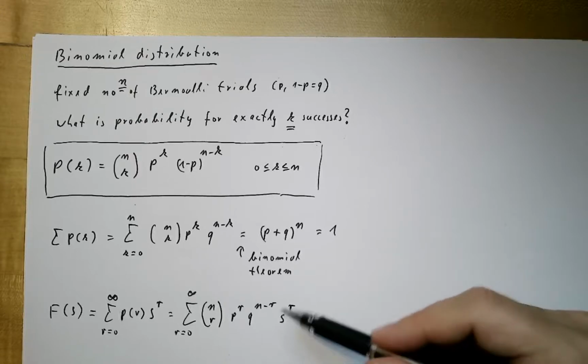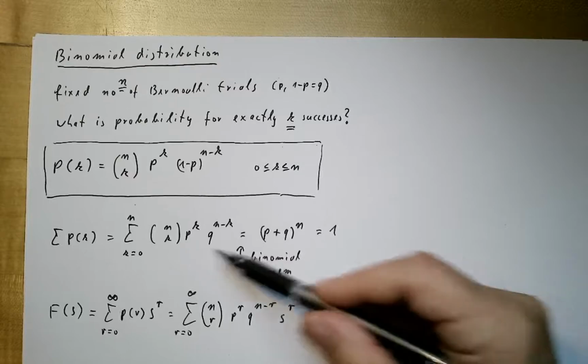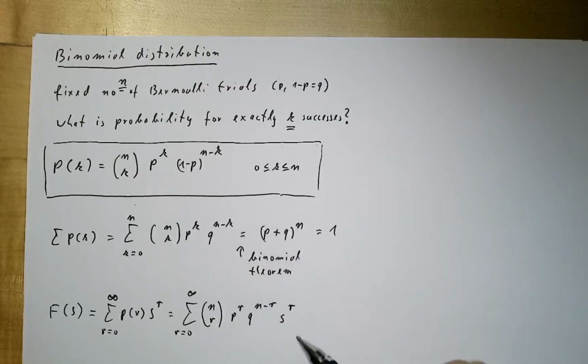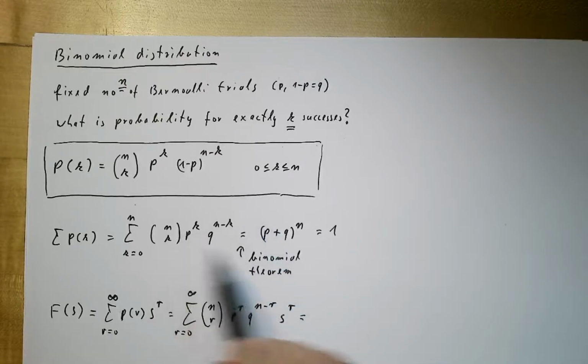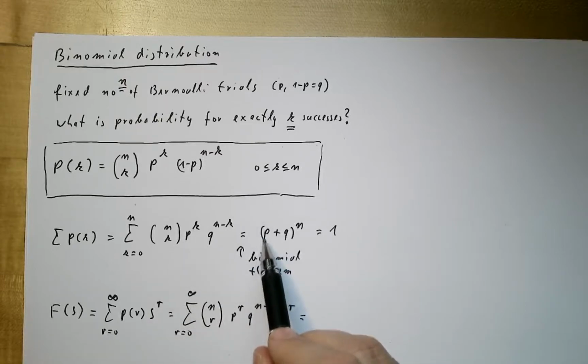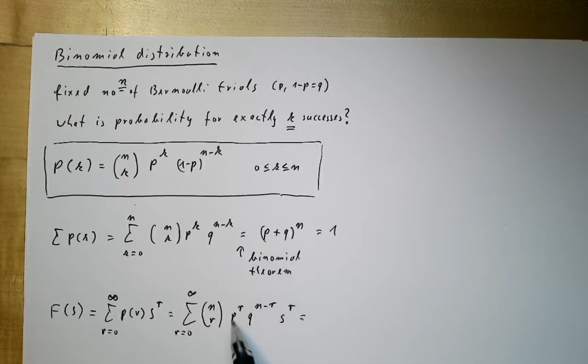Now basically we can use the binomial theorem again. When we want to solve this, we can directly see that we can write it as q plus p s. You see p and s can be put together.